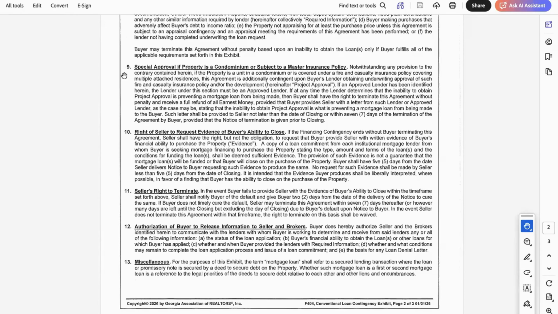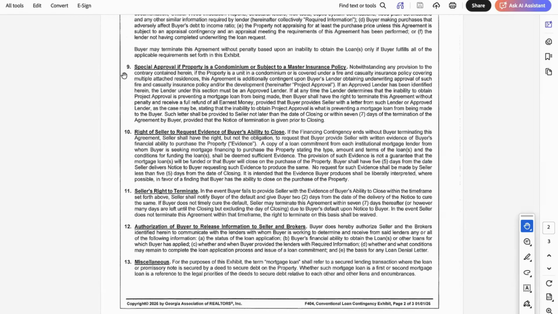9. Special approval if property is a condominium or subject to a master insurance policy. If property is a condominium or covered by a master insurance policy, the loan must receive project approval. If the lender cannot approve the project, buyer may terminate.